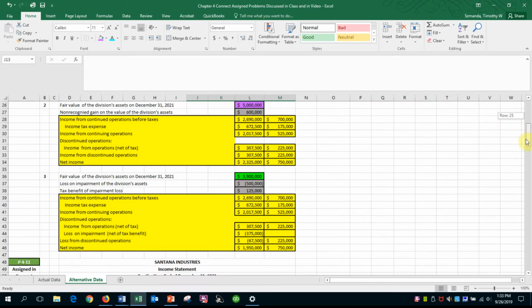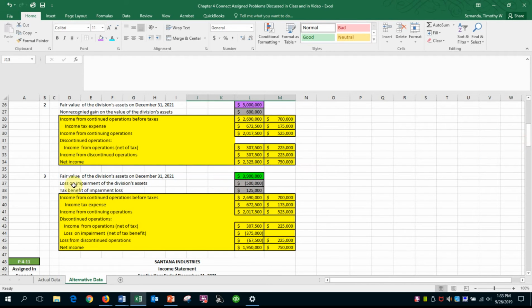Well, even though we haven't sold the unit, if we anticipate a loss, however, we must recognize that immediately. In part 2, we anticipated a gain even though we haven't sold it. We do nothing with it, do not recognize it. However, with a loss situation, if we anticipate a loss even though we have not sold the division yet, we must record that loss.